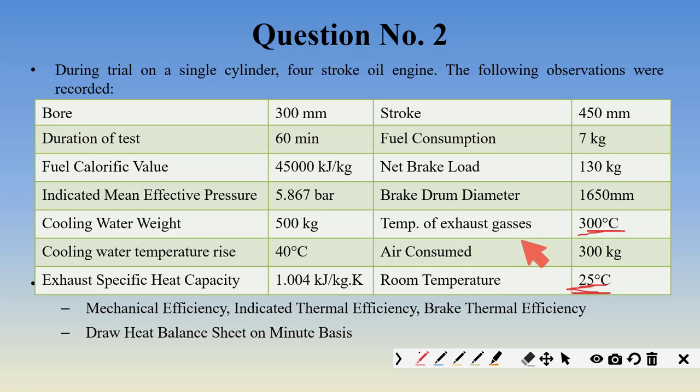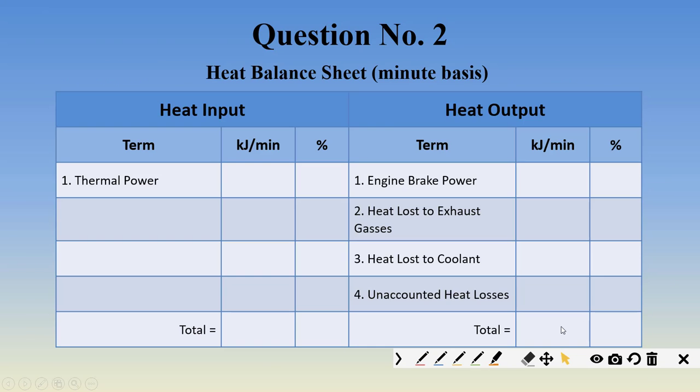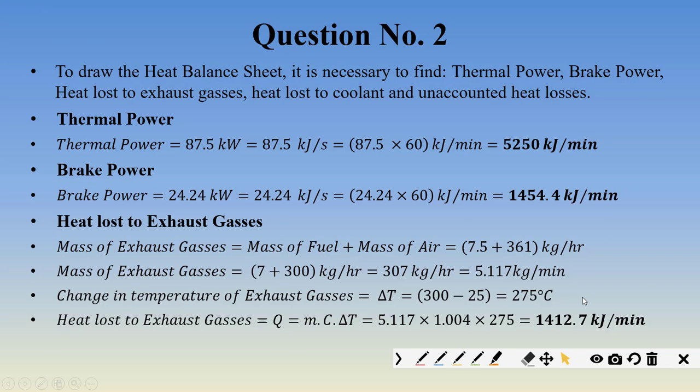So delta T of exhaust gases is 300 minus 25, which is 275. Right? Substituting all these values, we get Q equal to m c delta T, and that will be this much. In this case, I have kept the mass flow rate of exhaust gases in minutes only, so I can get the value directly in kilojoule per minute.